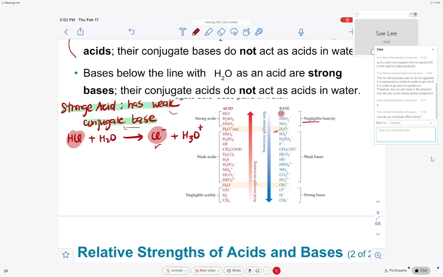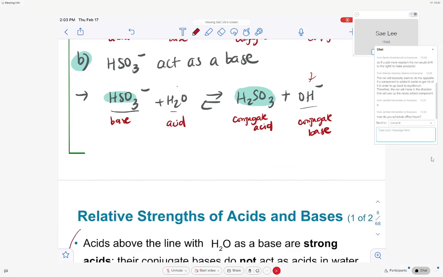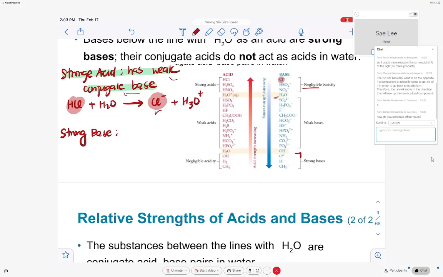So what about the strong base? These strong bases would readily accept the proton, or they would love to receive the proton.